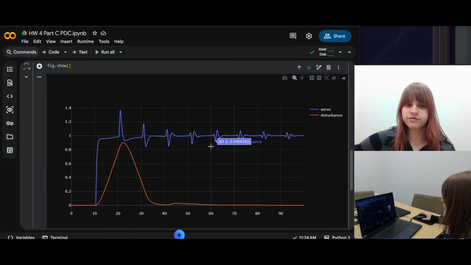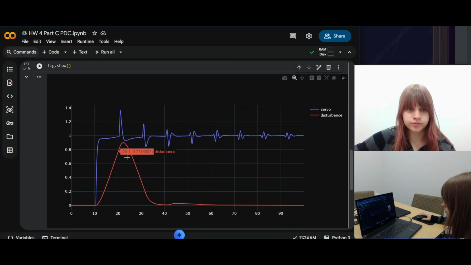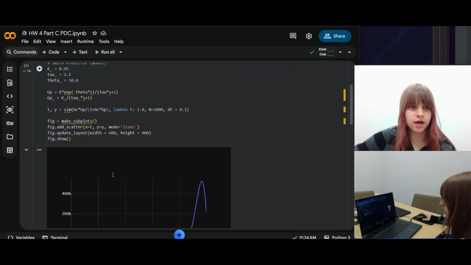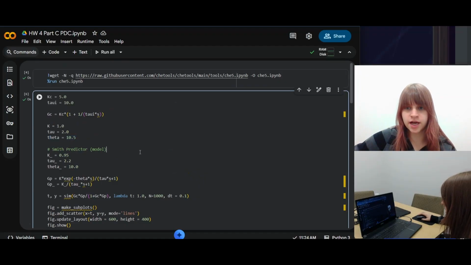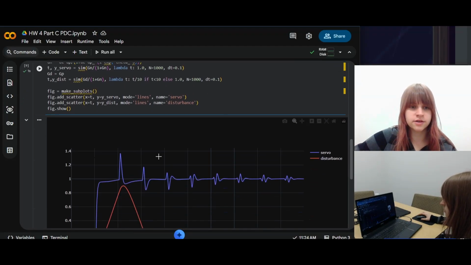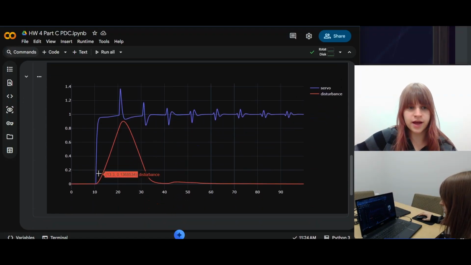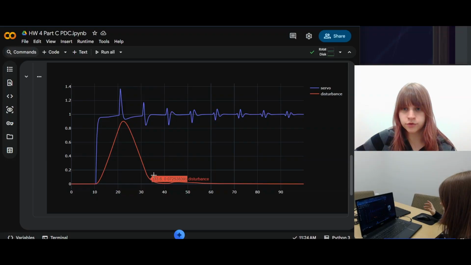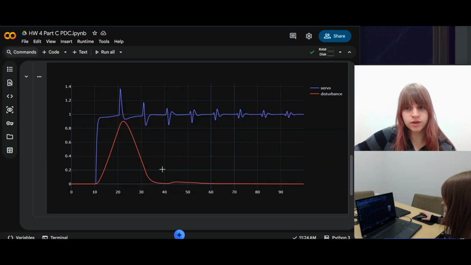And in our graph, we can see essentially this red is our disturbance. It doesn't kick off until our actual dead time of 10.5 seconds has passed, because you can't get around that. Same with our servo. And it peaks and it decreases because the system is reacting actually to this disturbance now because of our Smith predictor.